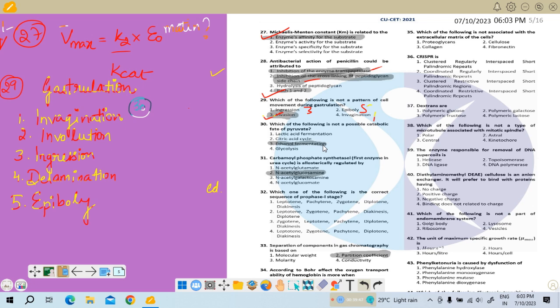So in athletic people, this kind of fate of pyruvate is there, from anaerobic, because their heartbeat increases when the exercise is fast. So ethanol fermentation and lactic acid fermentation both are anaerobic.